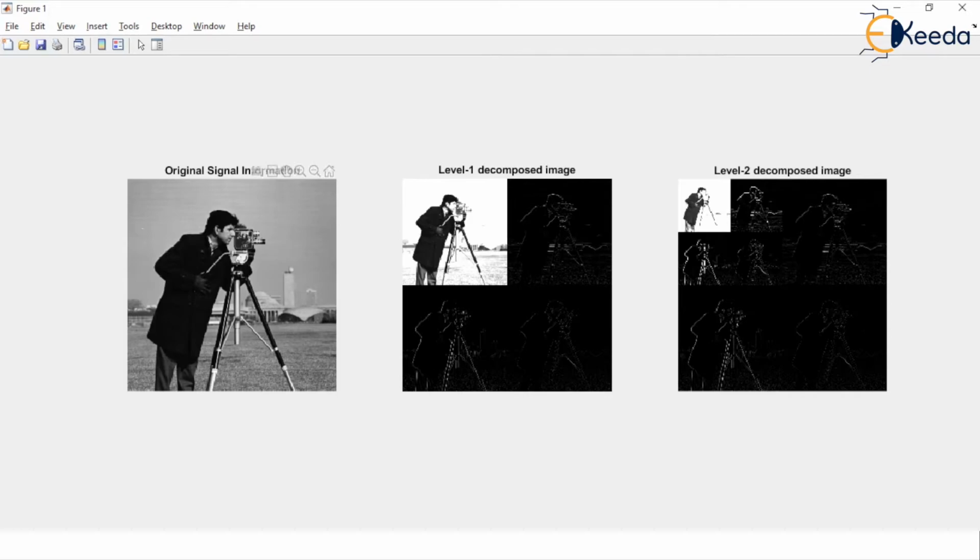In the middle we have label 1 decomposed image, that is the output of the discrete wavelet transform of the two-dimensional signal. The original information, which we have checked was of dimension 256 by 256, has been distributed into 4 parts.